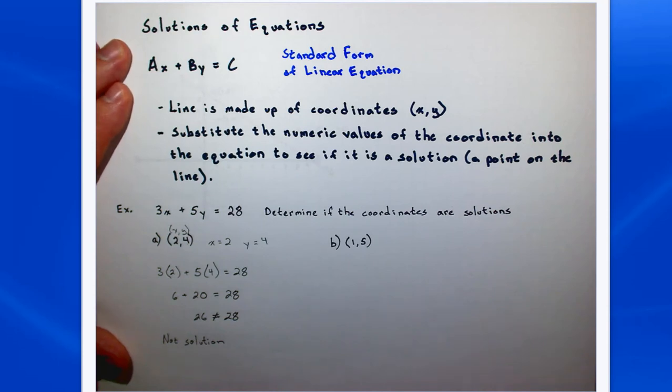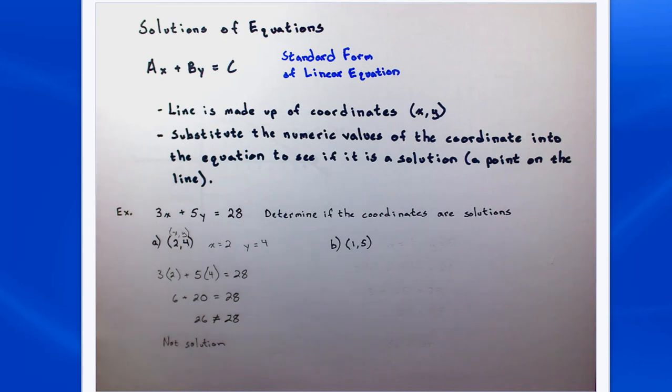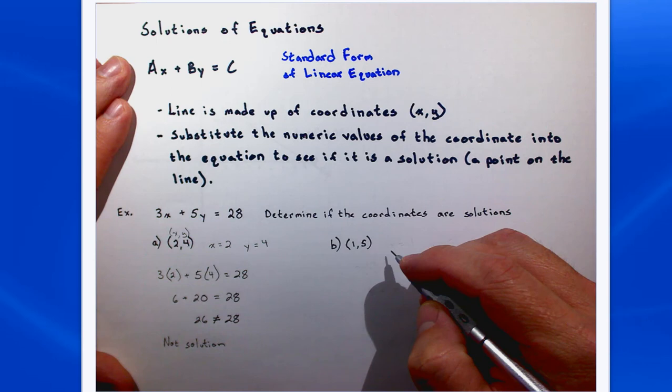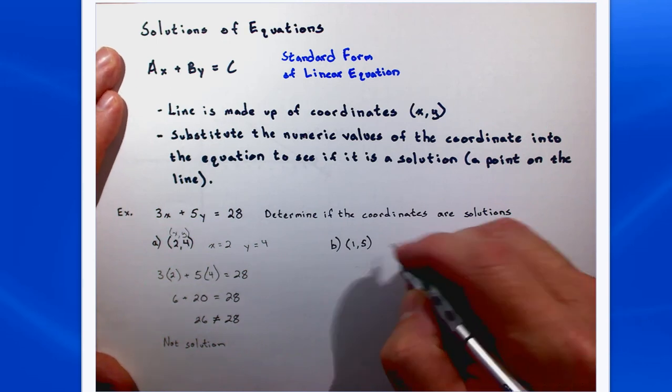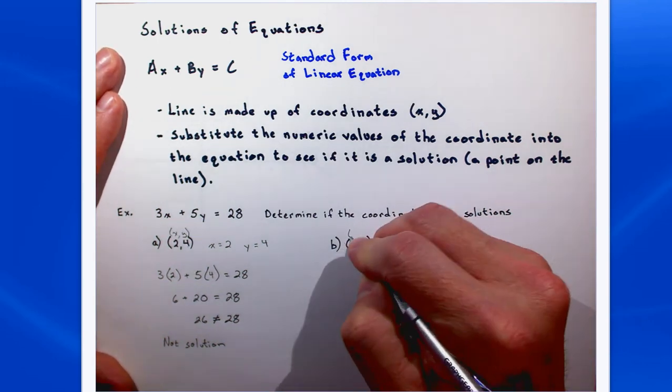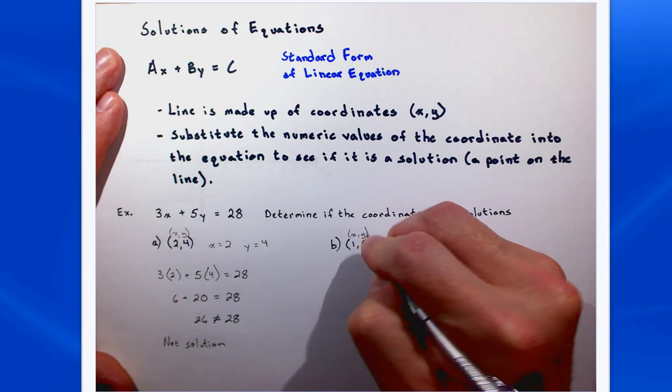So let's look at the next one. Before we do that, if you want to pause the video and try it on your own, go ahead. Okay, so let's see if you got the same solution that I will end up getting. So again, this is x comma y, right?